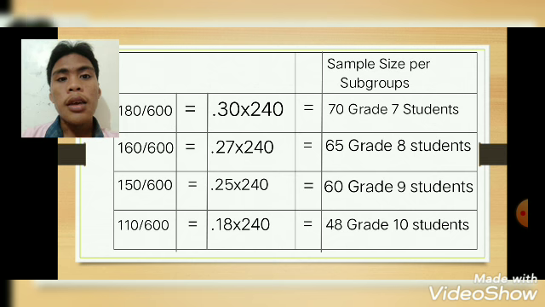And lastly, 110 over 600 equals 0.18 times 240 is equal to 48 grade 10 students.